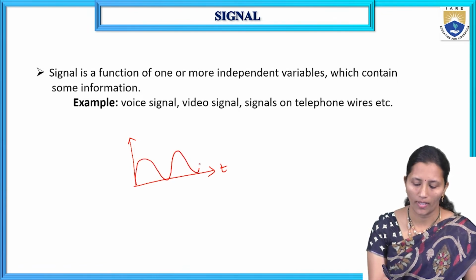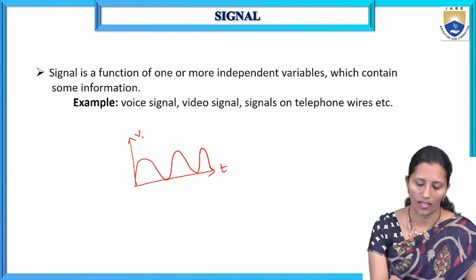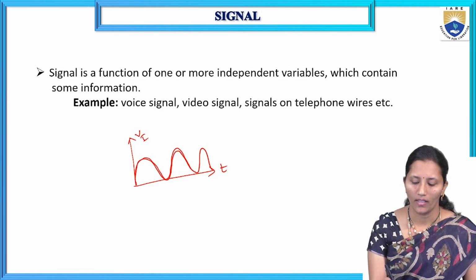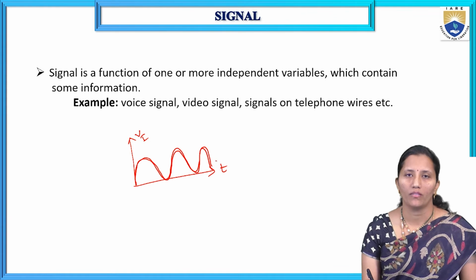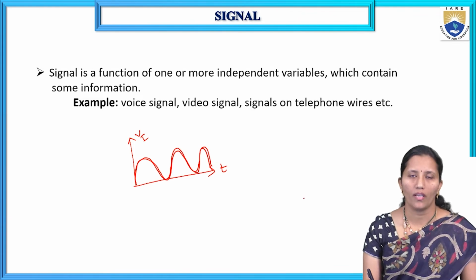For example, I am taking either voltage or current, and how this voltage or current varies with respect to time is also known as a signal. So every natural signal, whether speech signal or audio signal, comes under signals only.